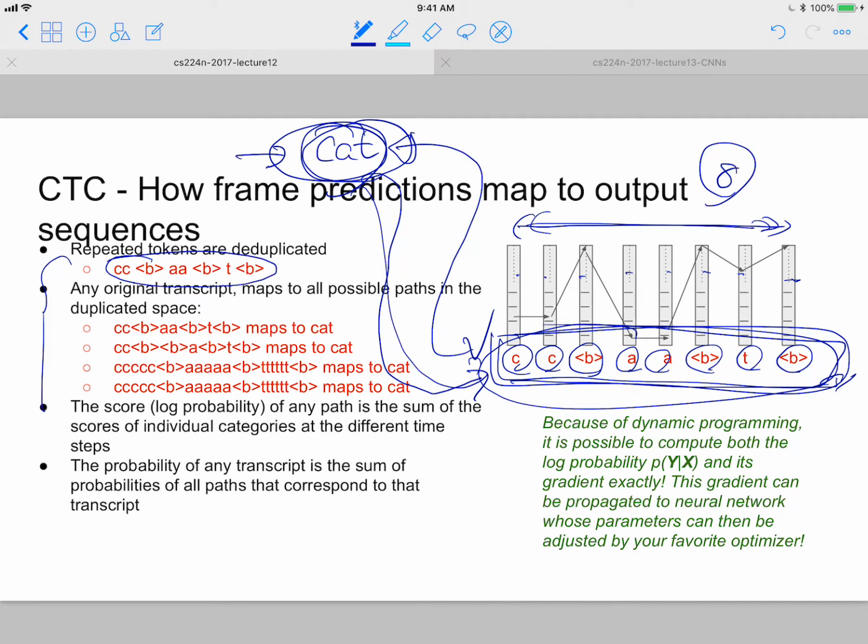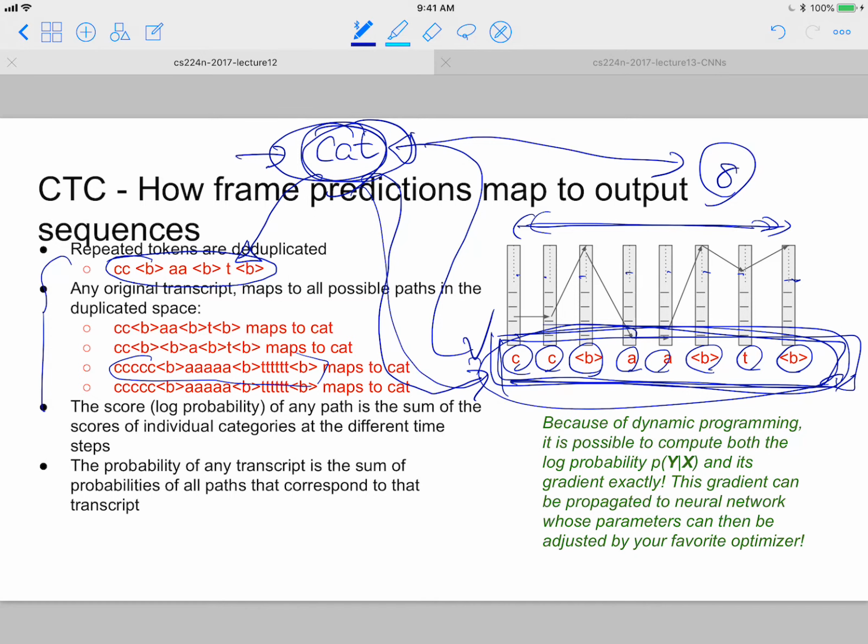This guy is also an expanded version of this CAT, right? And there are many different variations within that 8, the decoded sequence of length 8. We can consider all the possible expanded versions of this cat with this length, and suppose one of them was this guy, C, B, A, B, and T, and so on.